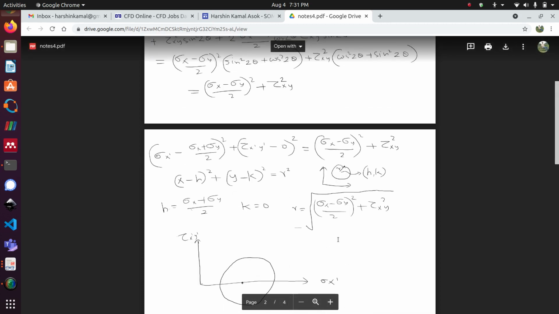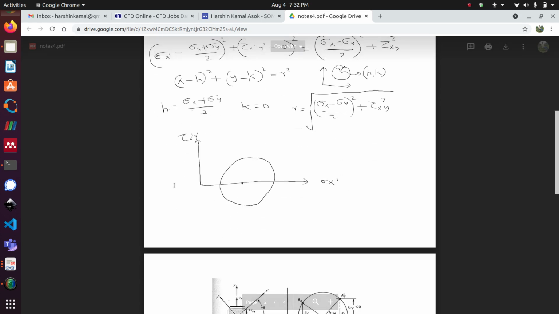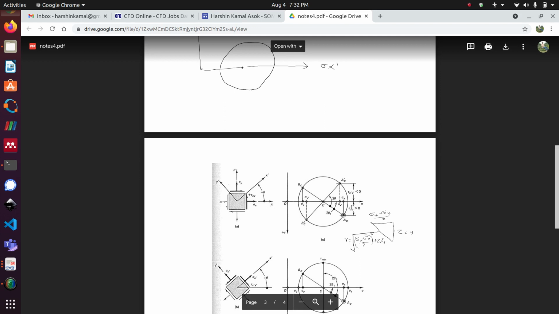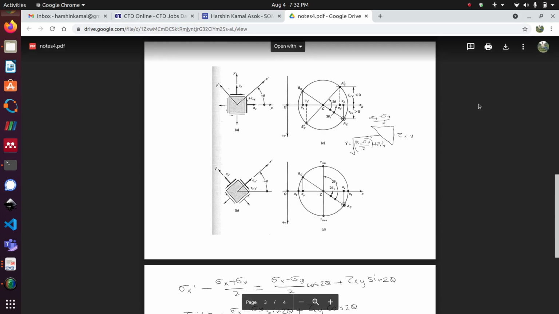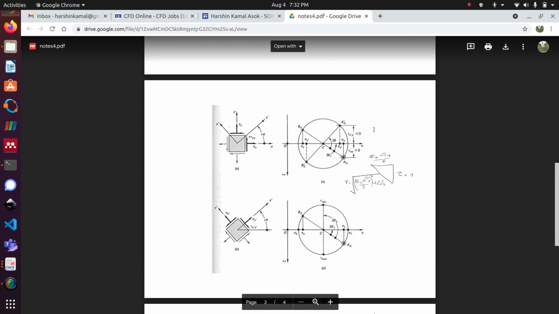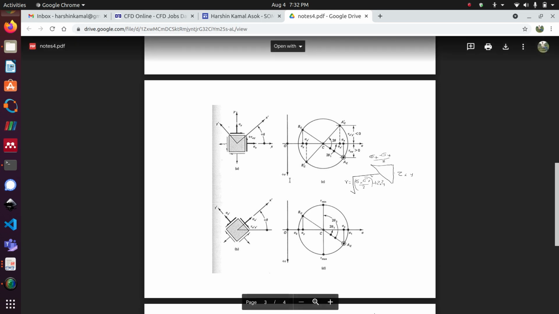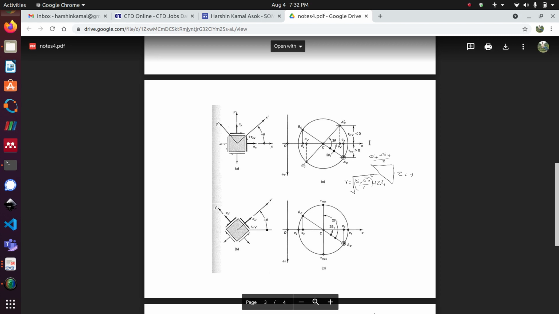So in a 2D case, we usually have two normal stresses, sigma x and sigma y, and a shear stress value tau xy. For that, we figured out that we can use a circle whose center is lying on the x-axis, and here the y-axis will represent shear stress and the x-axis will represent normal stress.